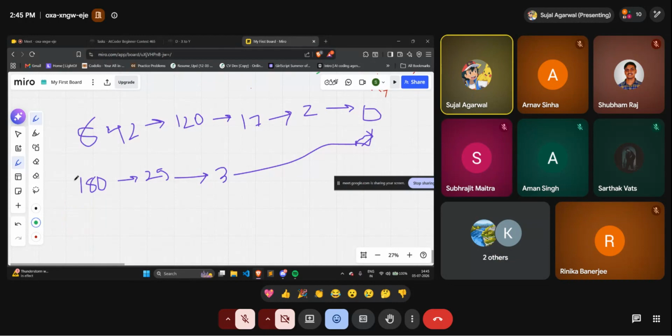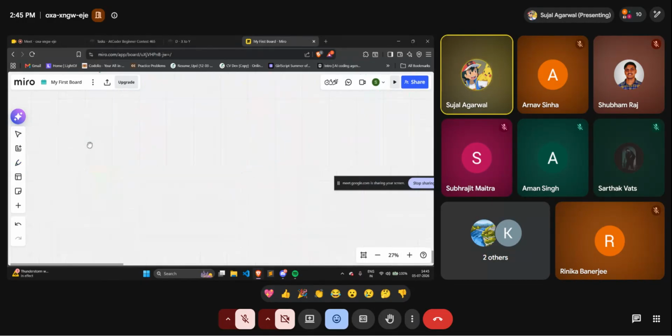So we can observe the meeting point between these two pathways. This is a pathway and this is a pathway. The first meeting point in this pathway was at 0, right? So what if we can do it something like this?